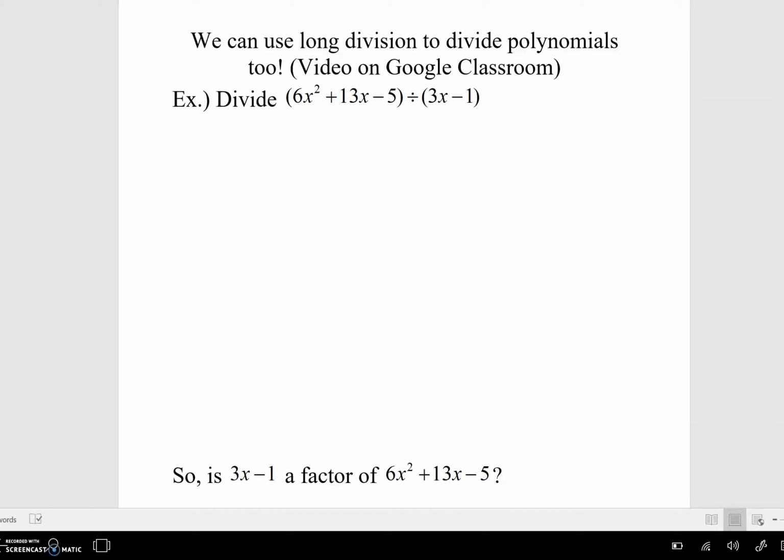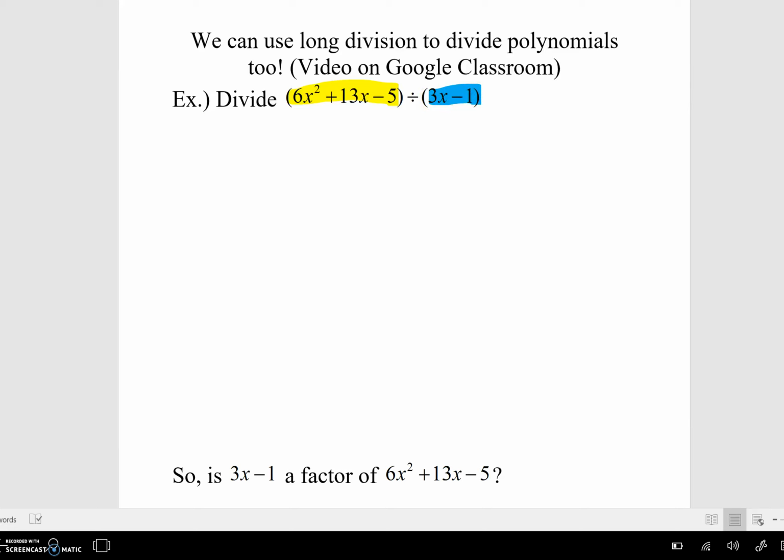Hey again, guys, and whew, oh boy, this one's quite the doozy. Now, this is very similar to our long division that we did in the previous problem. So we've got our dividend right here, and then we've got our divisor right there.